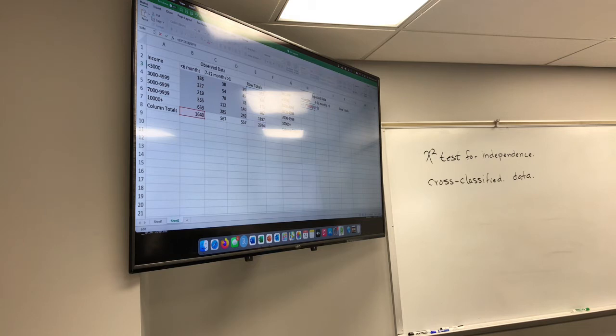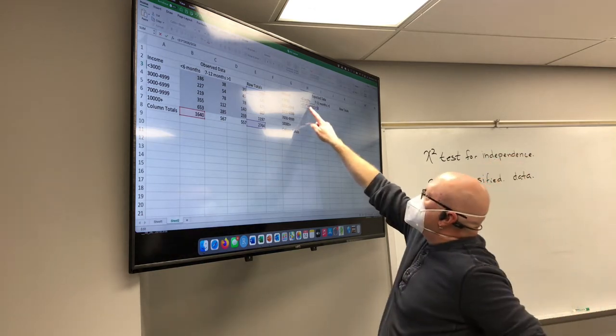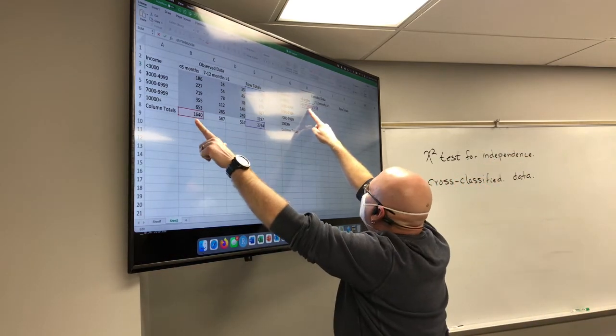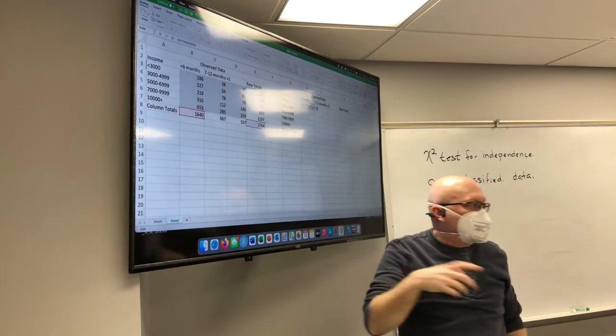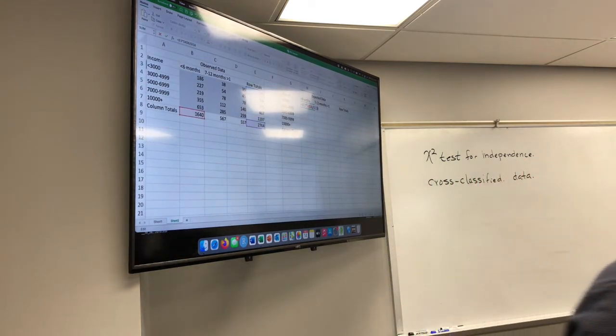That makes this a fixed reference to this cell, and it won't change as you drag down. So if we do this correctly, it should give us that.